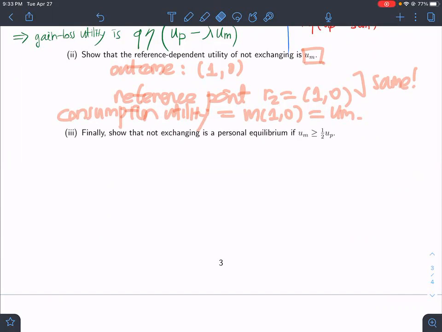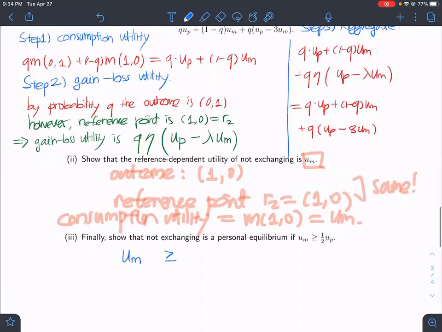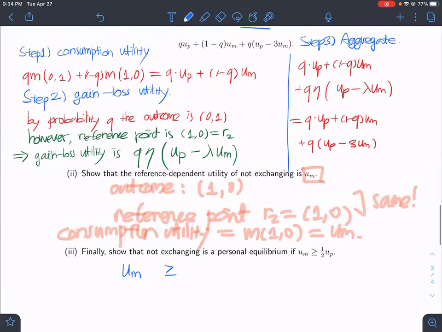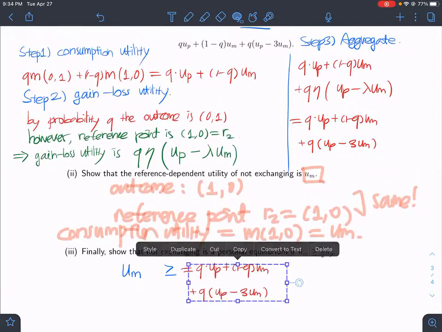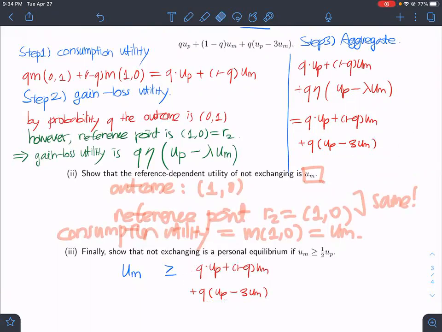So the utility of not exchanging should be higher than the utility of exchanging, which was here.